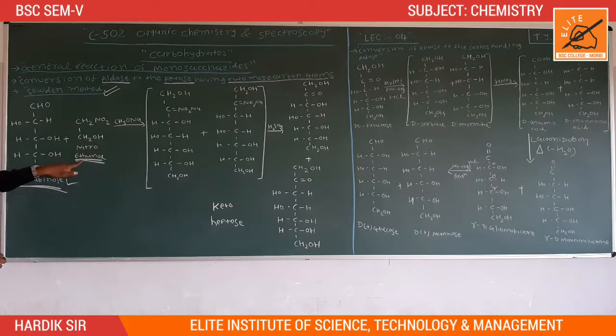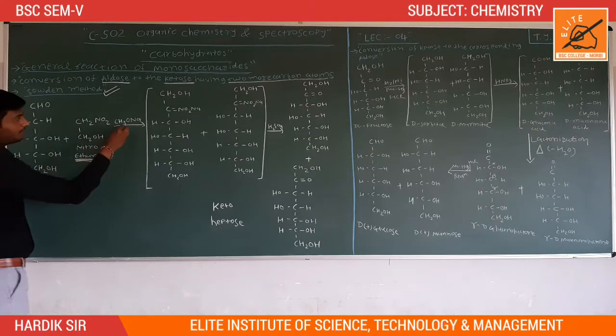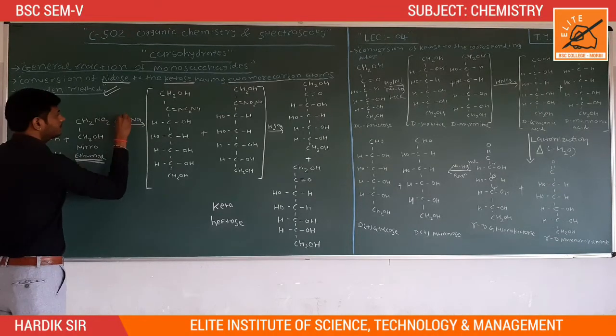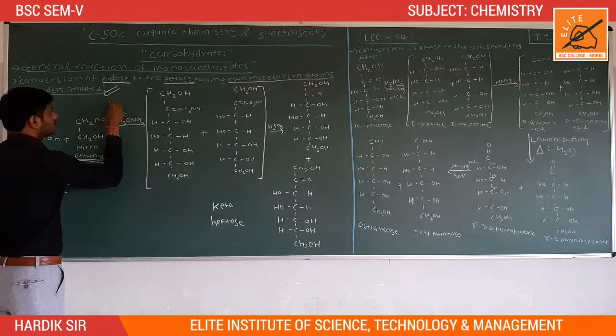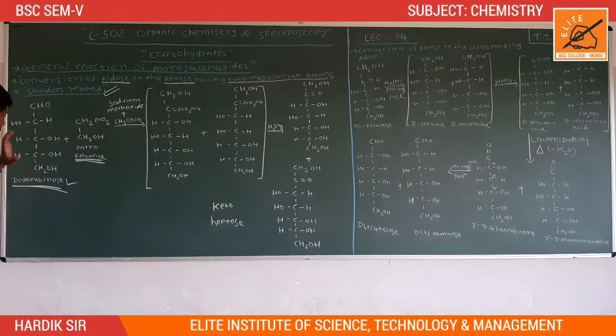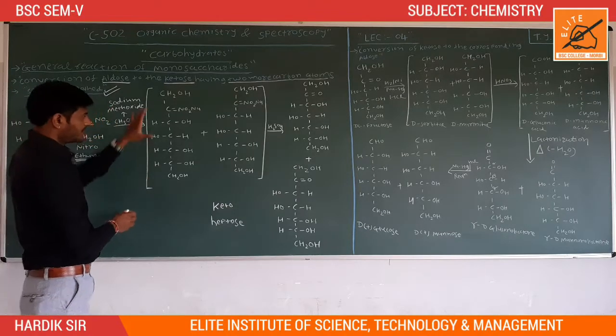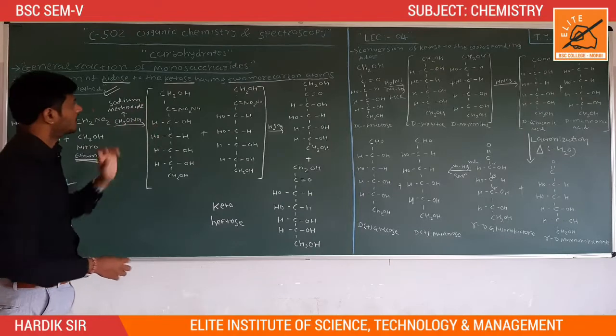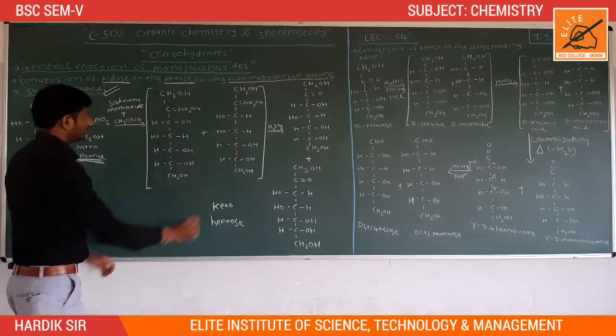D-arabinose reacted with the nitroethanol in the presence of sodium methoxide, CH3ONa, and produces a mixture of an intermediate product.